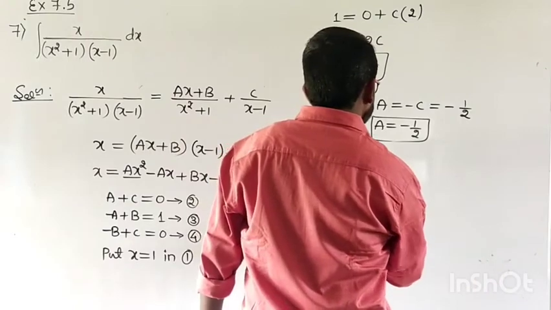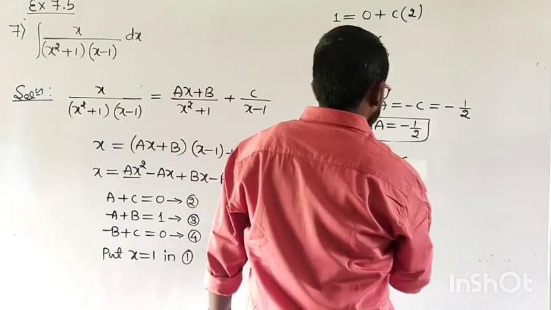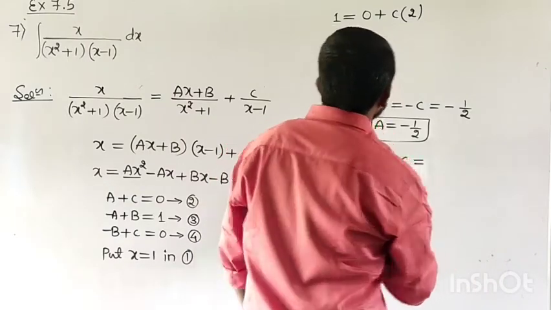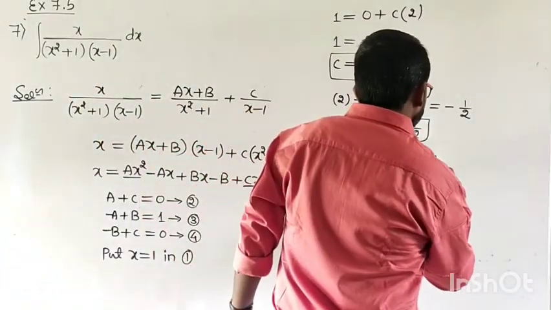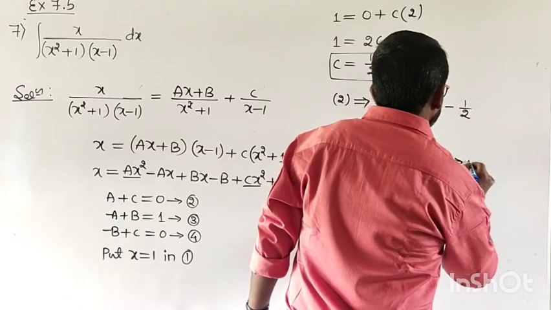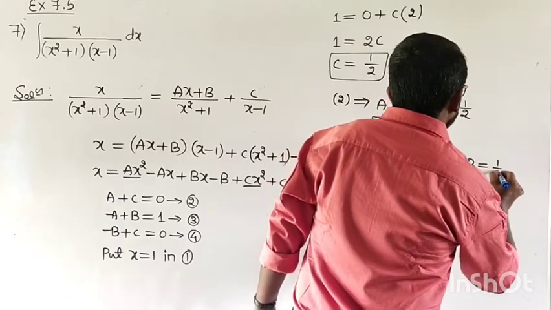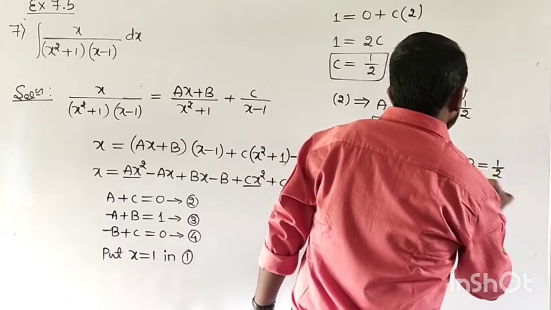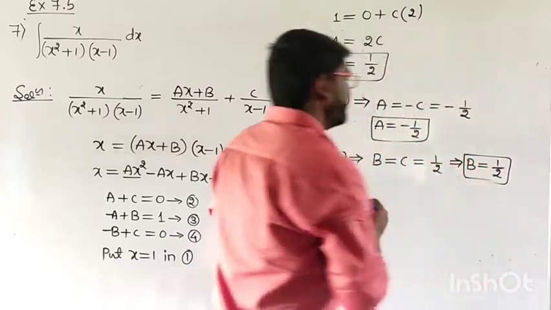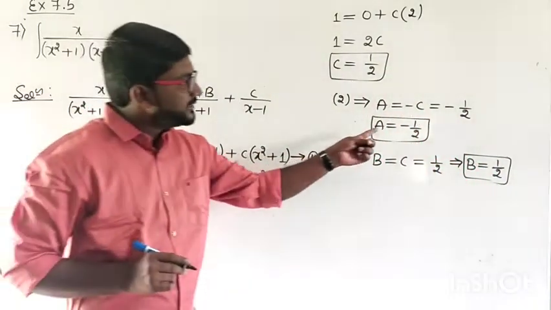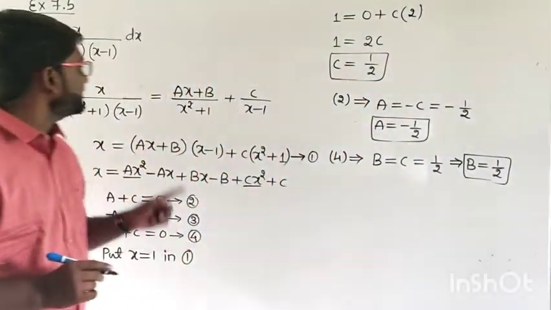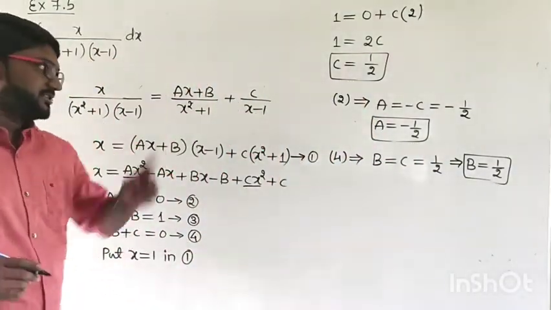So what is the value of c now? It is 1 by 2. This implies b is equal to 1 divided by 2. So we have got the value of b as well. So now we have to substitute a, b, c values in this particular equation.